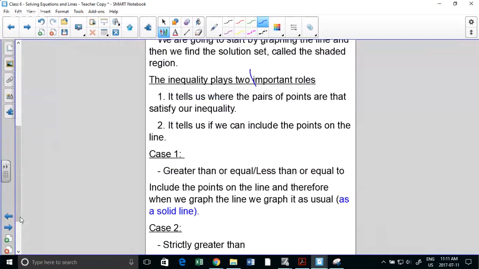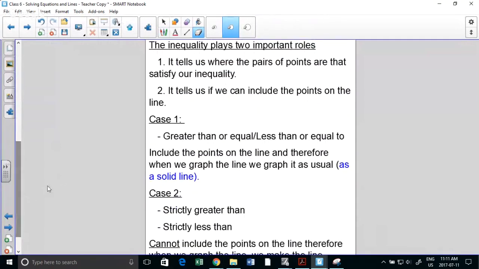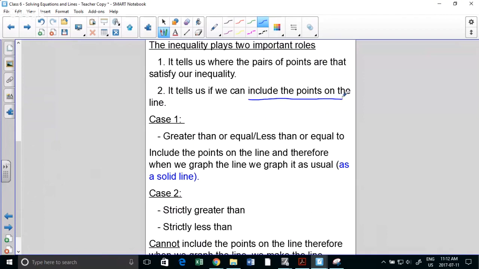So what we need to do is determine where and what this looks like. The inequality itself plays two important roles. It's going to tell us whether we're going to shade the top half or the bottom half. And it's also going to tell us if we can include the points on our line. If we have greater than or equal to or less than or equal to, our line is the same.